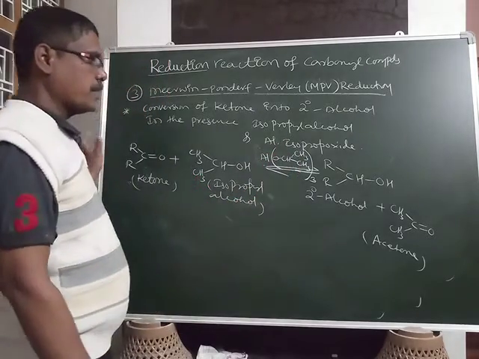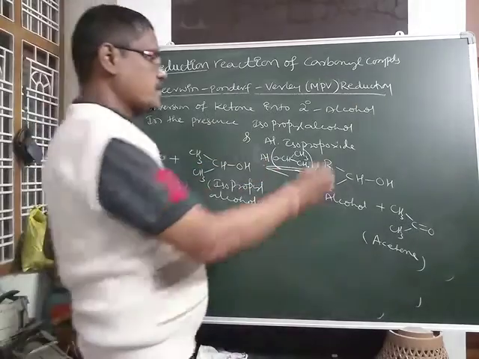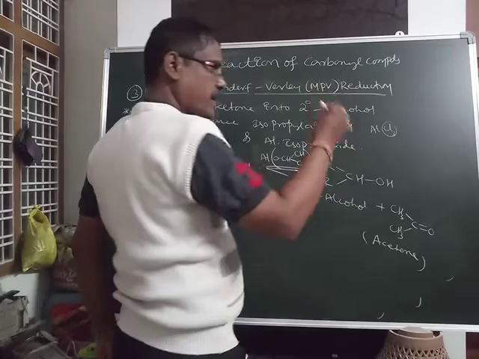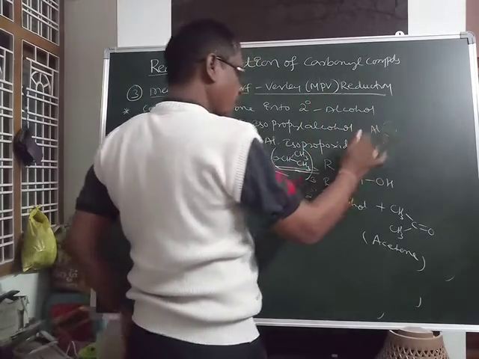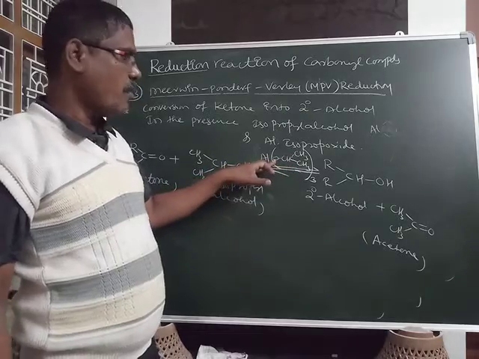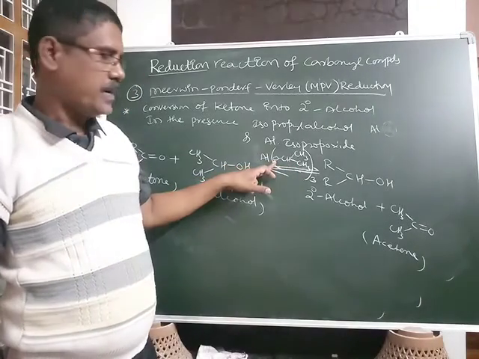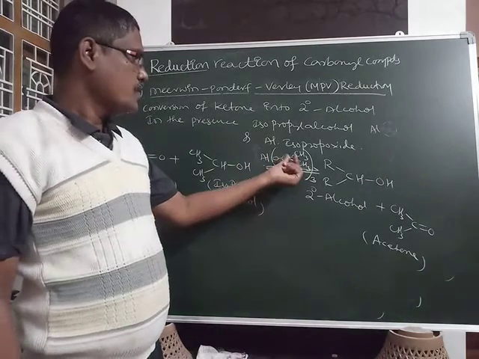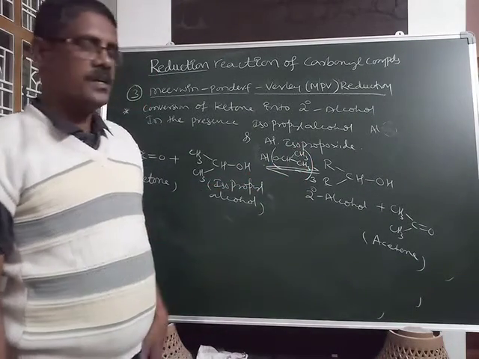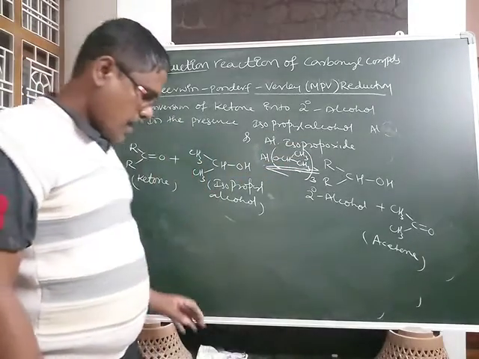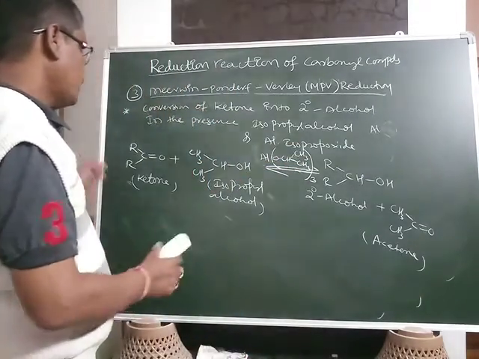This one is AlCl3. This Cl is chloride. When Cl is replaced by isopropoxide, 1, 2, 3 isopropoxy groups, Al(OCH(CH3)2)3, it is called aluminum isopropoxide. Okay, I am explaining this mechanism also clearly.